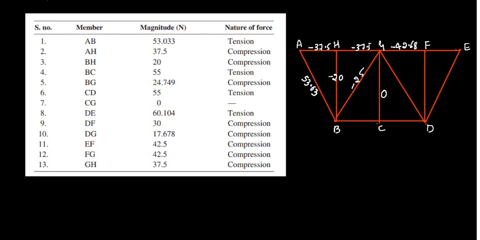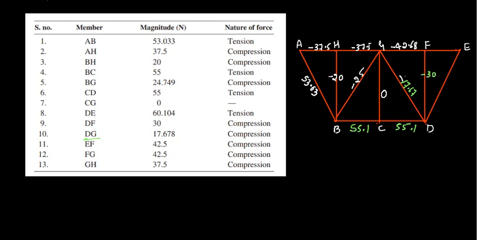Just compare the values that I am writing with the member forces. And GD we have 17.67, compression. And CD is 55.1, and BC is also 55.1, and this is minus 30, FD.